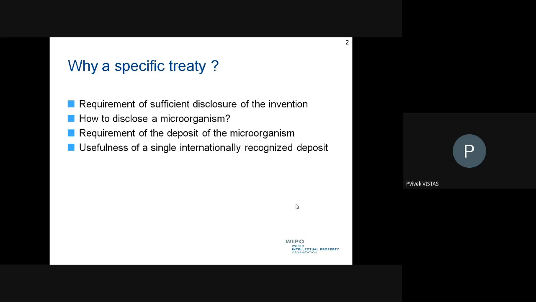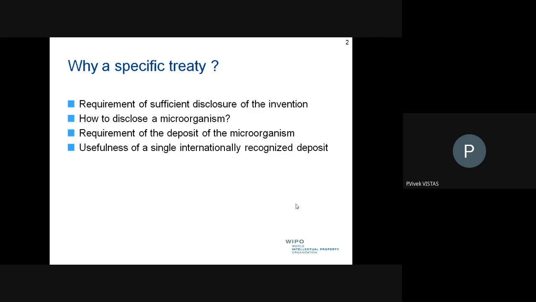So how to disclose a microorganism? Specifically, this treaty is about microorganism preservation. They store information about the microorganism. Then, the requirement of the deposit of microorganisms: what are the requirements, and how to store them? Then, the usefulness of a single internationally recognized deposit.